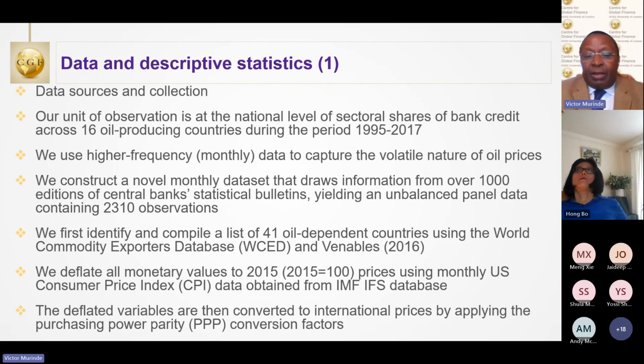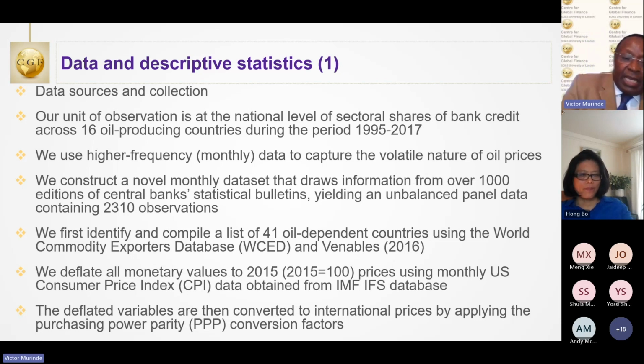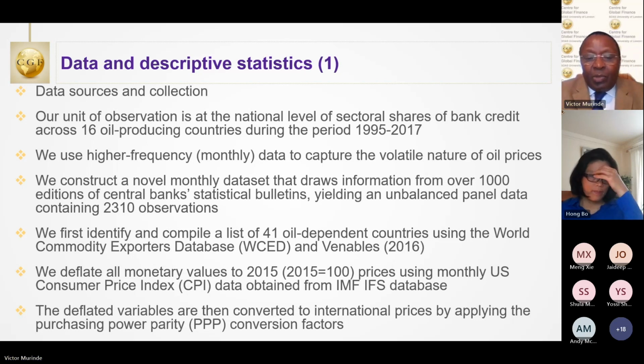We deflate all monetary values to 2015, the base period, using the monthly US Consumer Price Index from the IMF IFS database. These deflated variables are then converted to international prices, applying the purchasing power parity conversion factors also available in the IFS database.